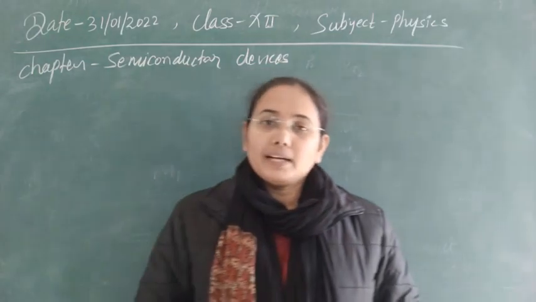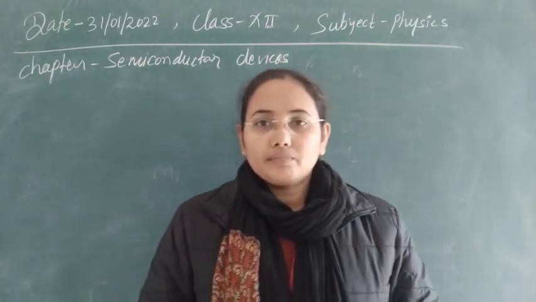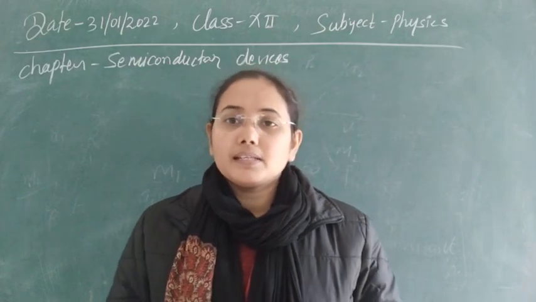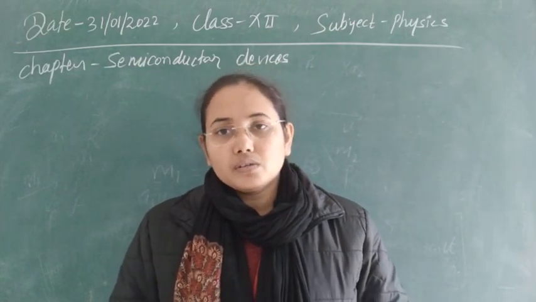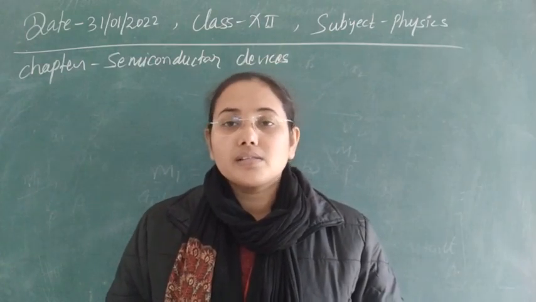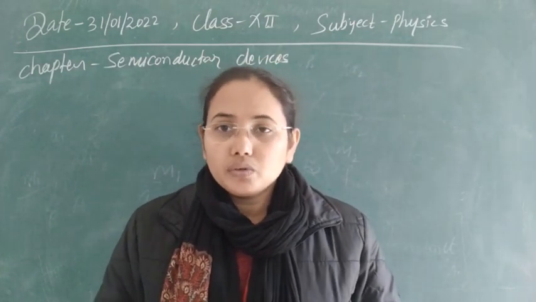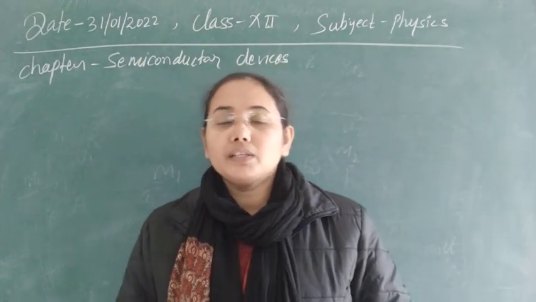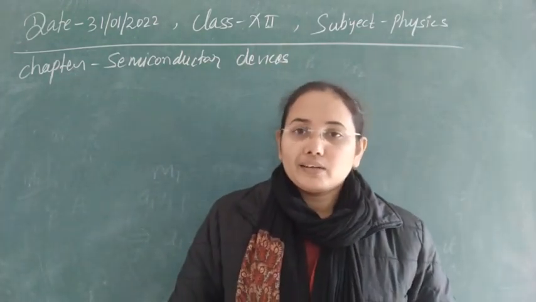Before that, as we know, materials are of three types. We can classify them as conductors, semiconductors and insulators. Conductors are those materials whose conductivity is very high or resistivity is very low. We also differentiated them in our previous chapter in term 1, on the basis of the free electron model.